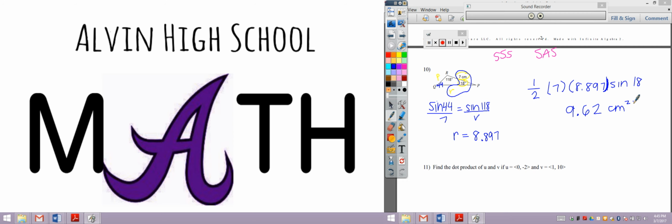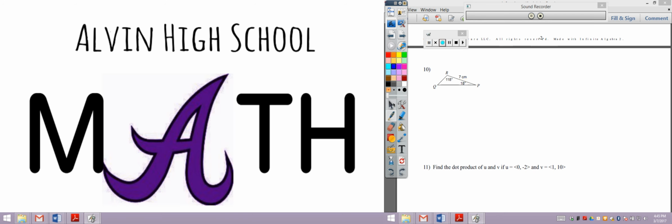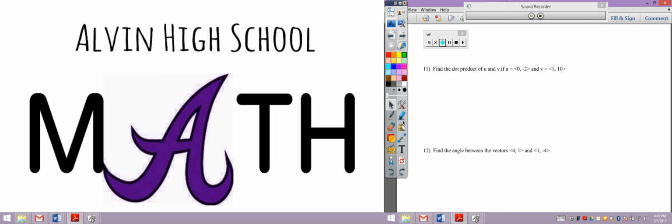Okay, last things. Vectors. All right, dot product. So to graph this, 0, -2 is like that. And 1, 10. So I'm anticipating a negative dot product because this is an obtuse angle and my vectors are going in different directions.